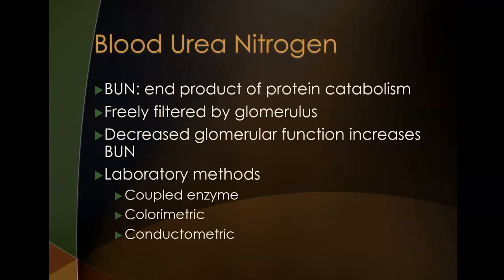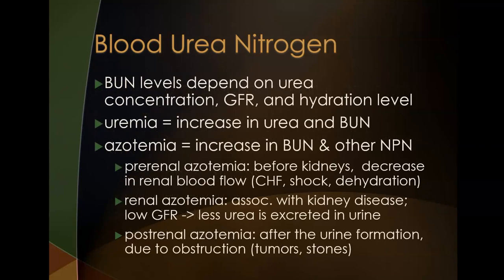So there are several laboratory methods. There are coupled enzyme methods, colorimetric methods, and conductometric methods. We usually use enzymatic and colorimetric methods, which are the most used for BUN. The BUN levels will depend on your urea concentration, glomerular filtration rate, and hydration levels.